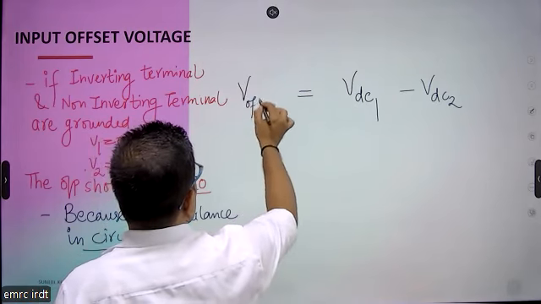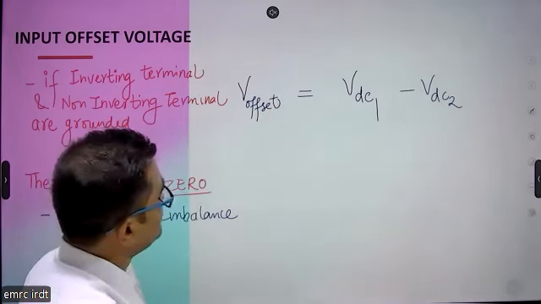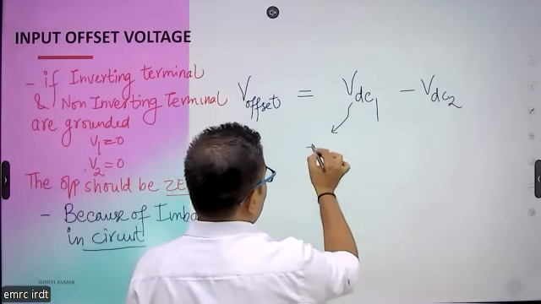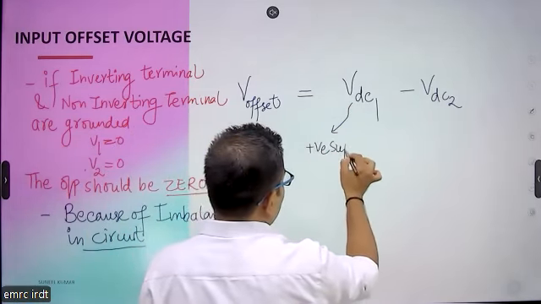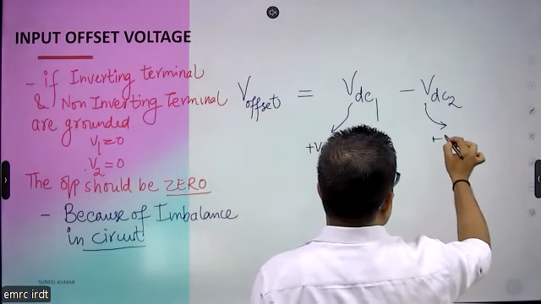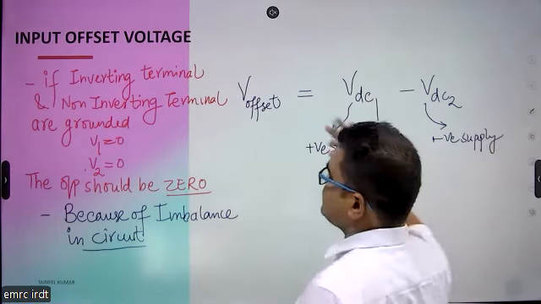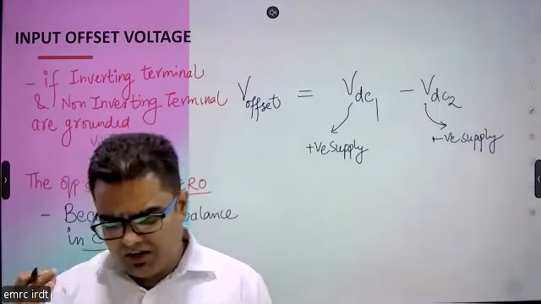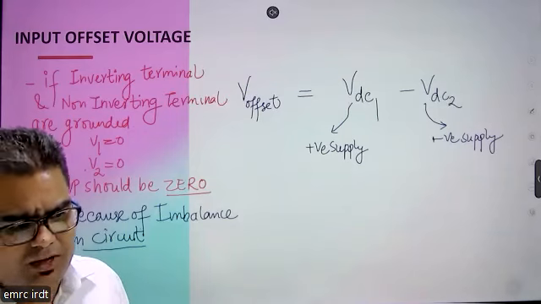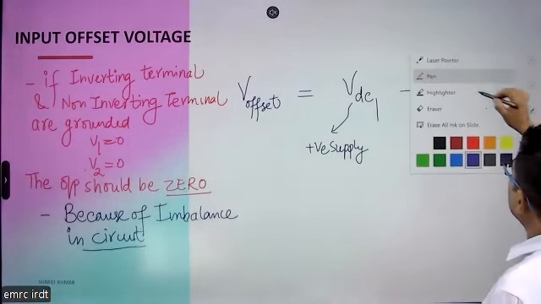VDC1 is the positive supply connected in the op-amp, and the other is the negative supply. Even when we ground both terminals, we still get some output because of imbalance in the circuitry. That is called the input offset voltage.